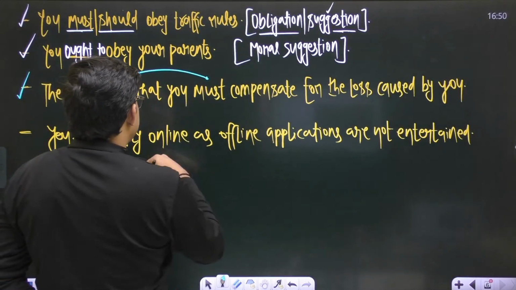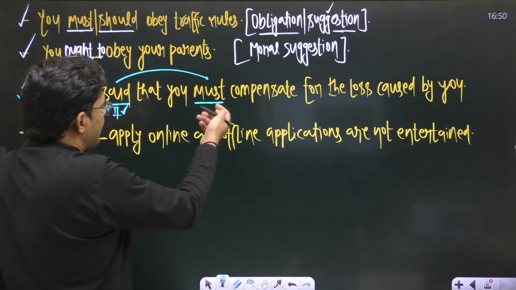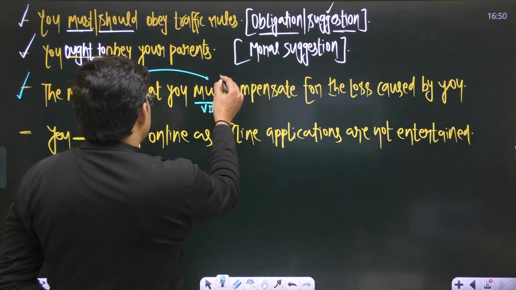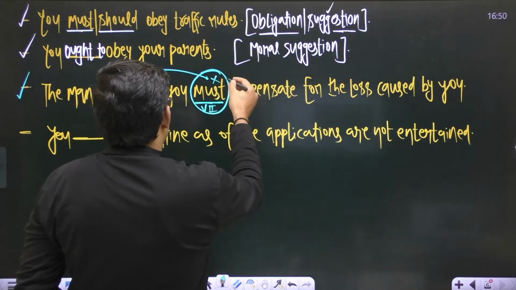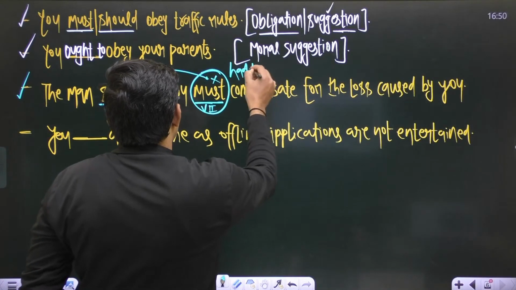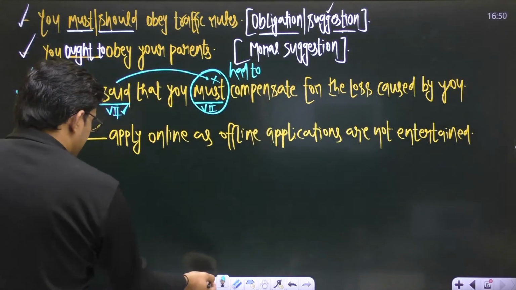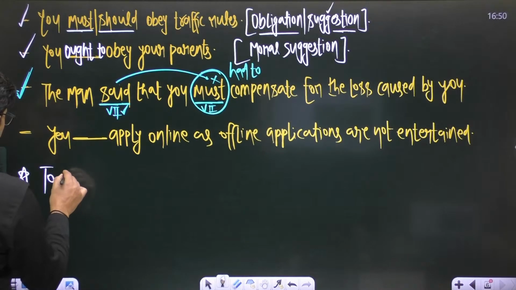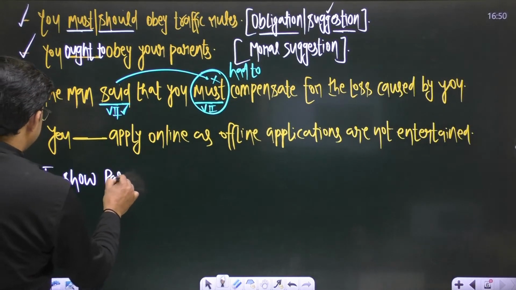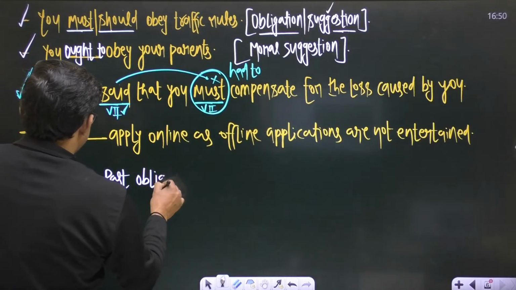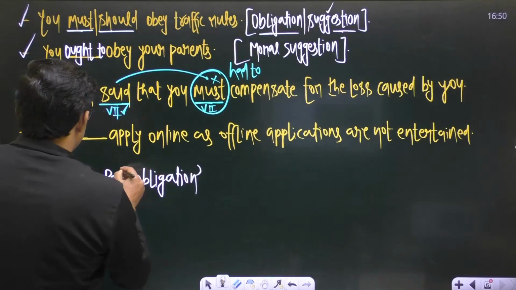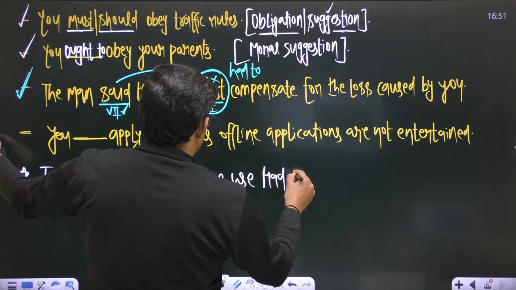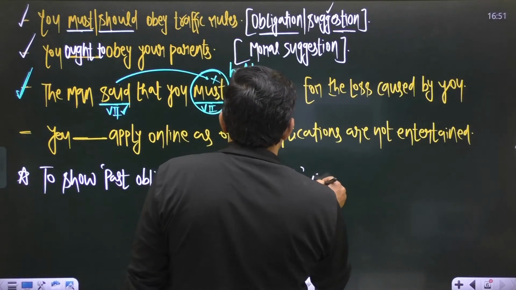So again in the next clause, to show obligation, to show past obligation, we don't use must, right? To show past obligation, we use had to in place of must.